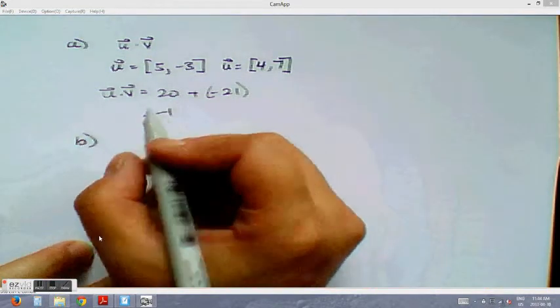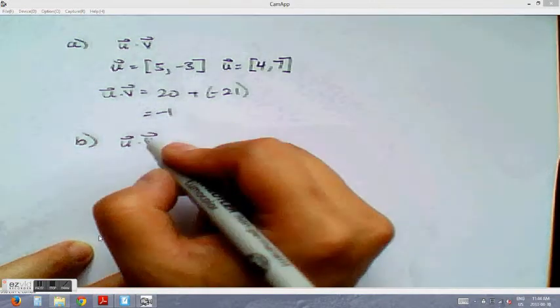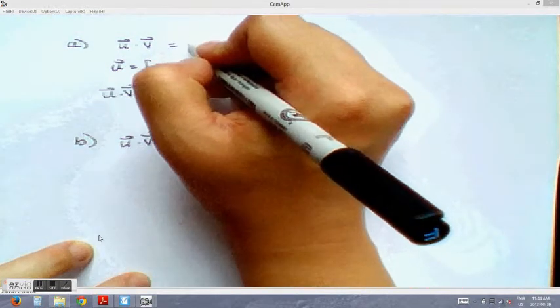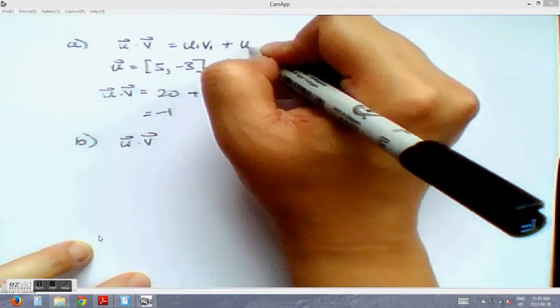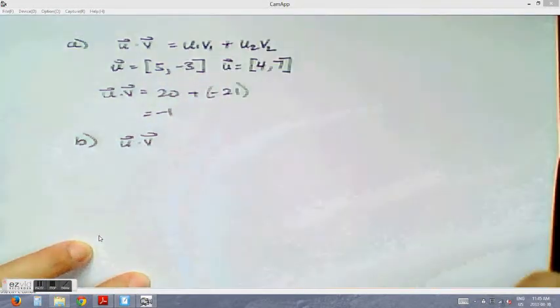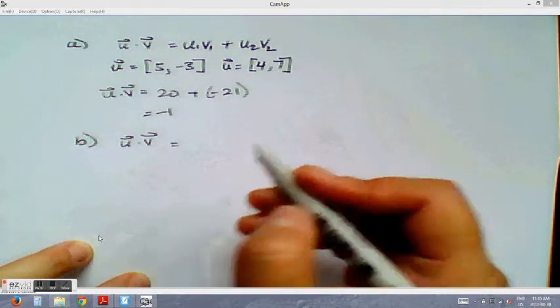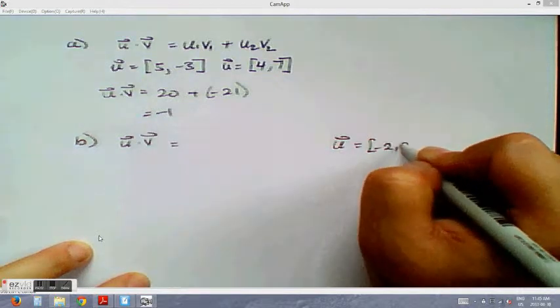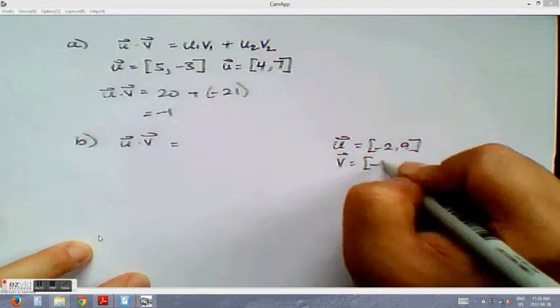So now B, again U dot V. If I was to even write this out, maybe this will help me too. U1 V1 plus U2 V2. Okay, so in this case here, we would have our second set of vectors, U is -2 and 9, and V is equal to -1 and 0.